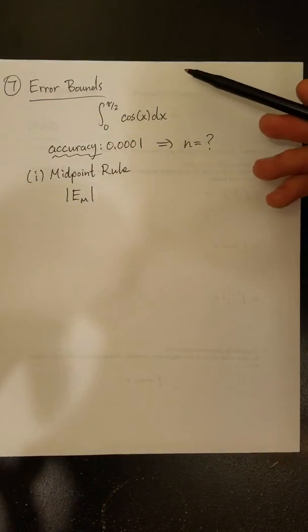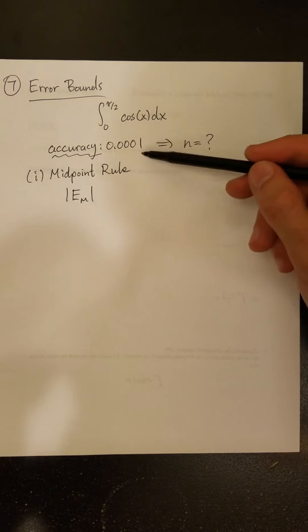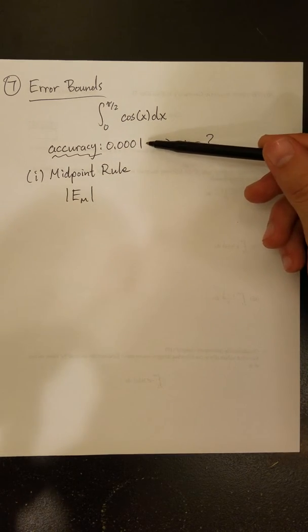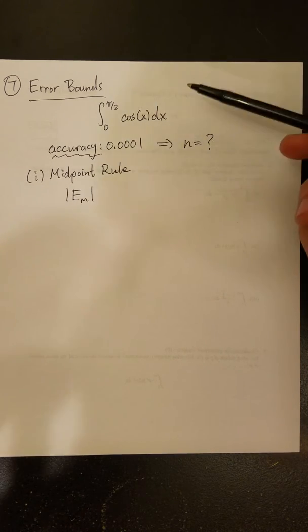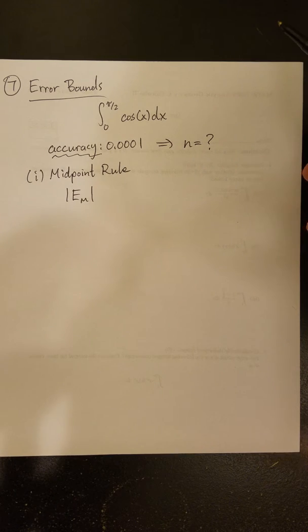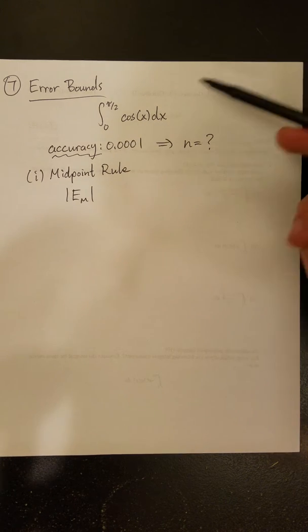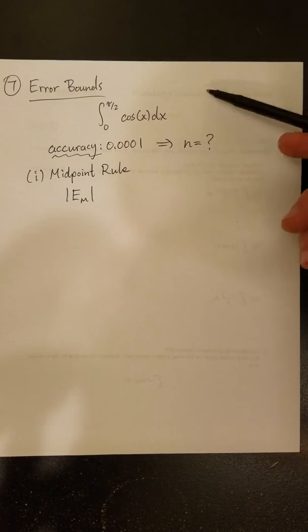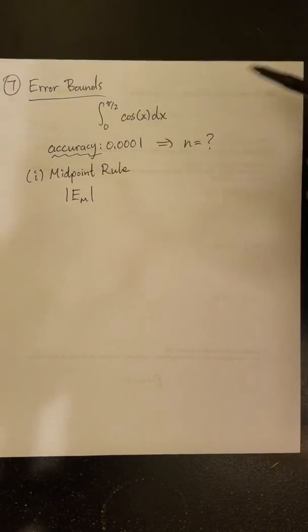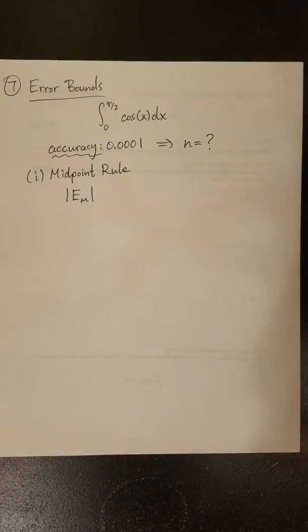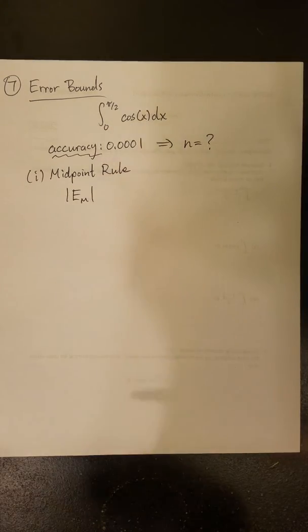If you're still looking at the work from the previous problem, you should see that Simpson's rule was actually really close to this degree of accuracy already. We probably won't need many more subintervals to guarantee a slightly more accurate approximation. But for the midpoint rule, we were a little bit further off, so we'll probably need several more subintervals.